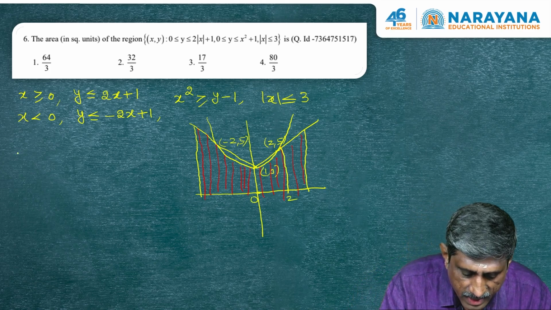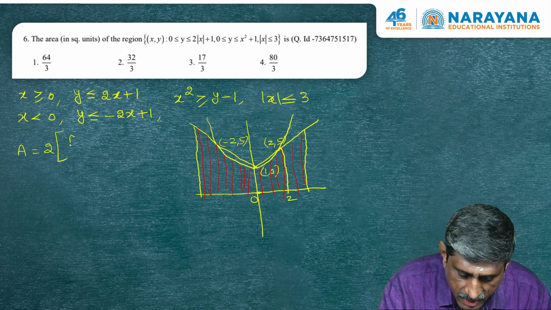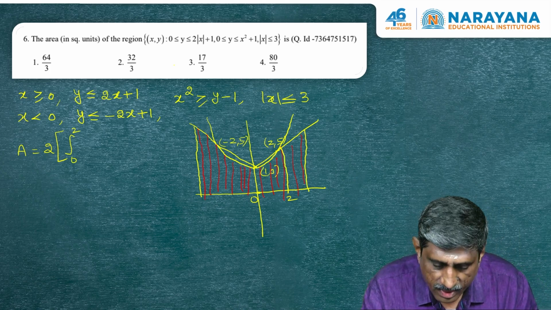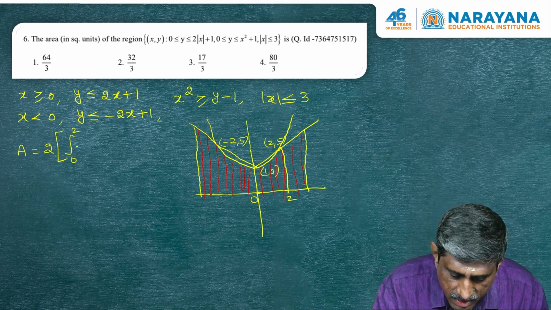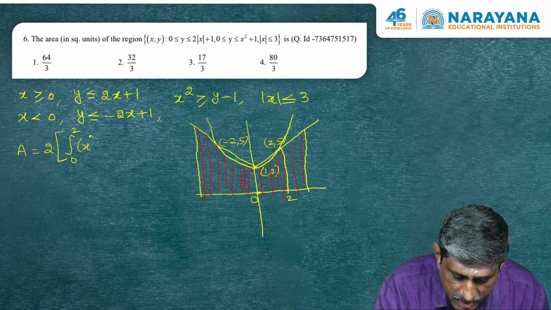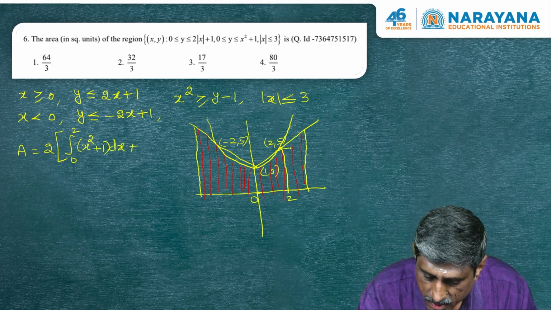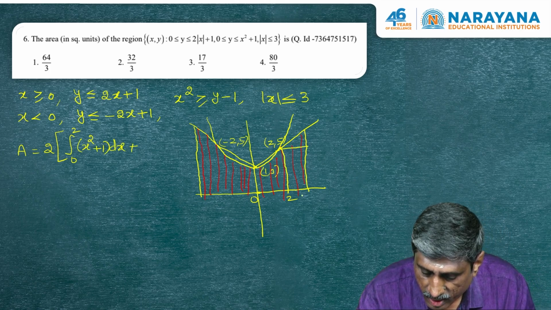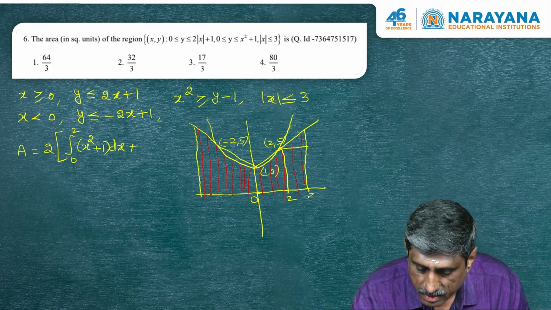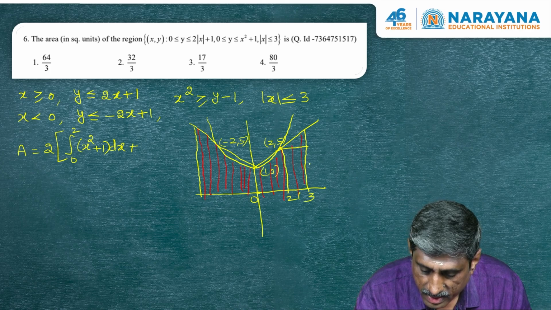So the required area I can say is 2 times, and here the integral from 0 to 2 of y, the value of y is nothing but x² + 1, (x² + 1) dx, plus this is a rectangle. For this rectangle, this line is 3, so this is 1 and this height is 5.